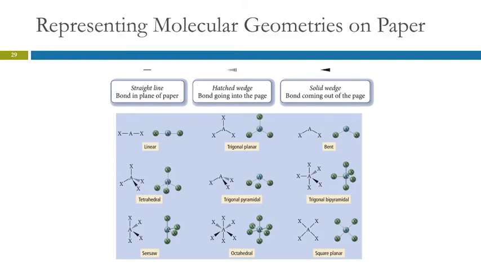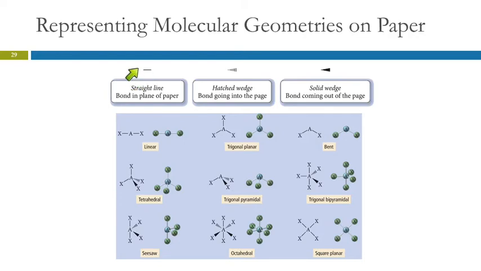So representing these things on paper, this is the figure from your book. We end up drawing these 3-dimensional things, and that can be tricky sometimes. And so we have some conventions that we use.